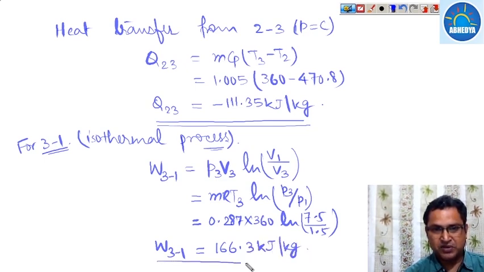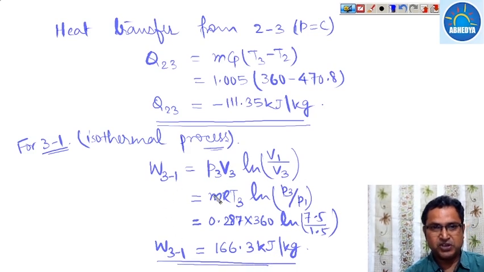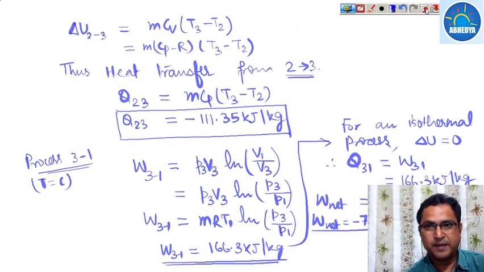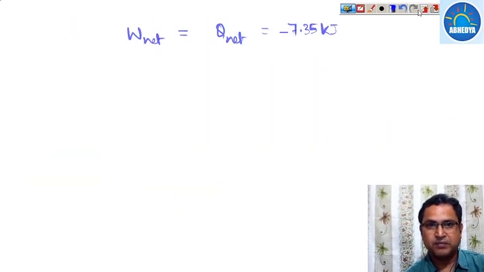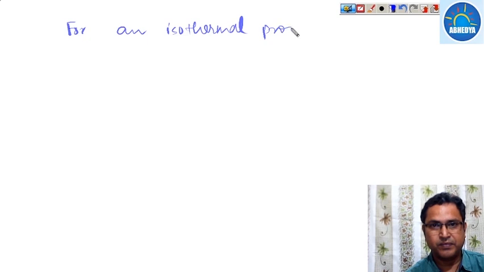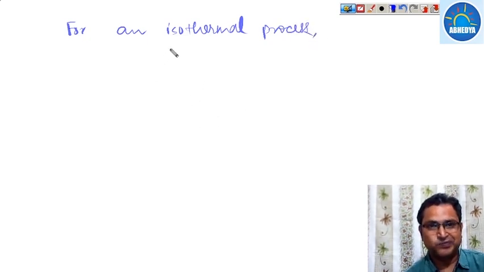So this much amount of work has been done in process 3 to 1, and since it is an isothermal process, delta U is equal to 0.